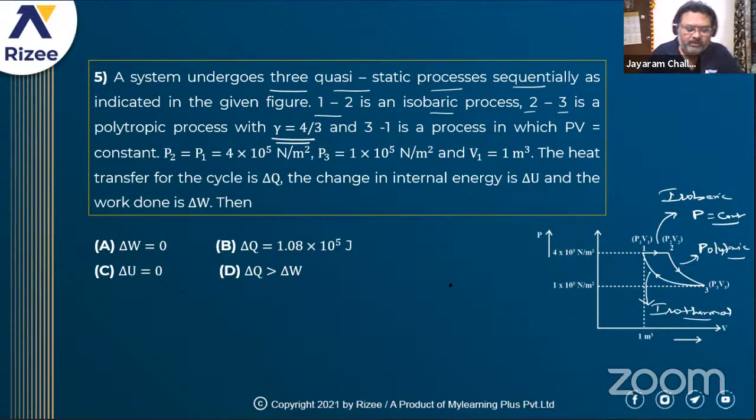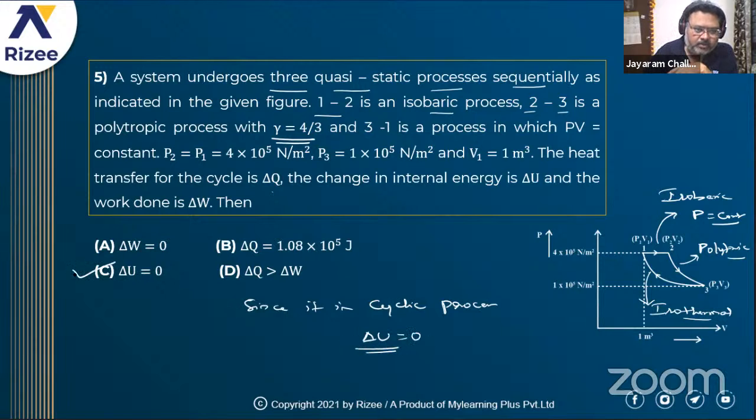So these are your three processes given here. P1, P2, all these values are given here. He is asking to find out the heat transfer to the cycle. Since it is a cyclic process, du, or delta u, should be equal to 0.